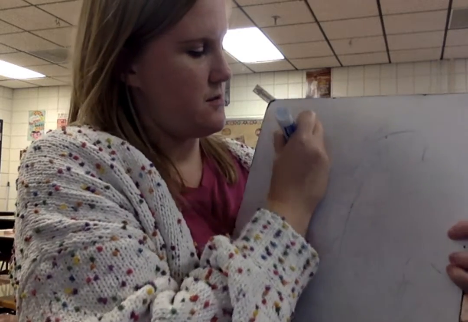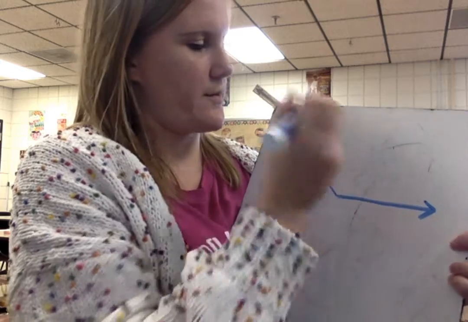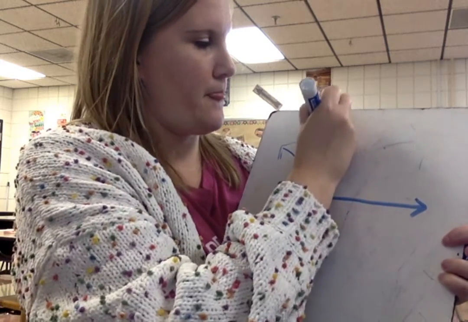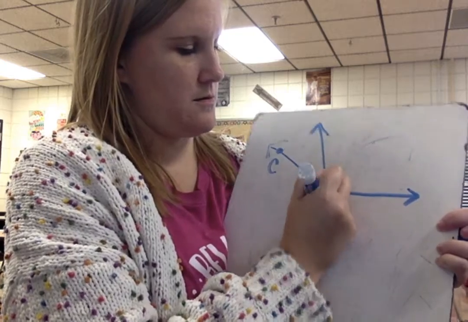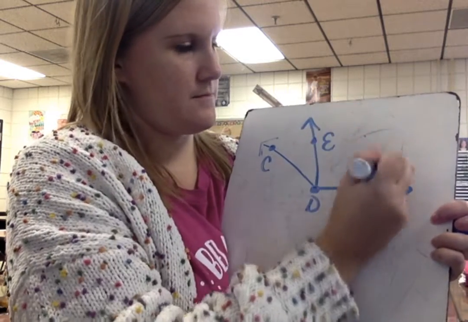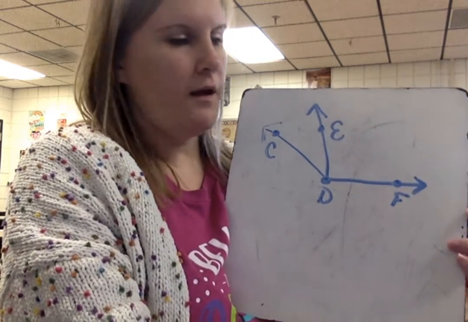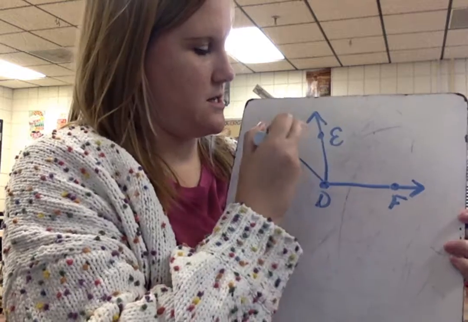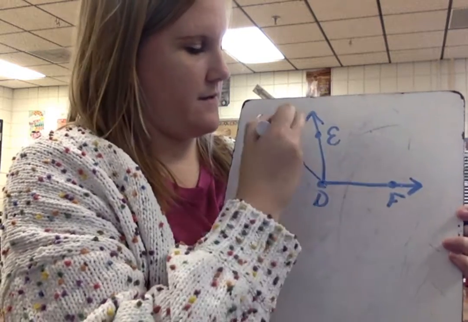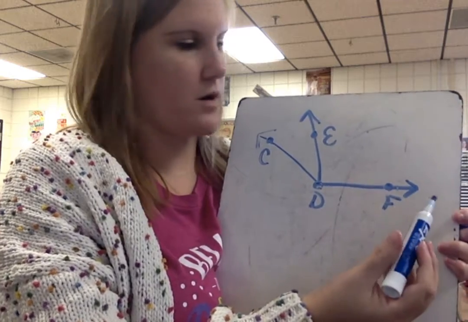I'm going to label this one too, just so you can see a little bit more what I'm saying. Okay, so we have angle CDE, EDF, and CDF. So you can see that there's 3 different angles that we can find measurements for.